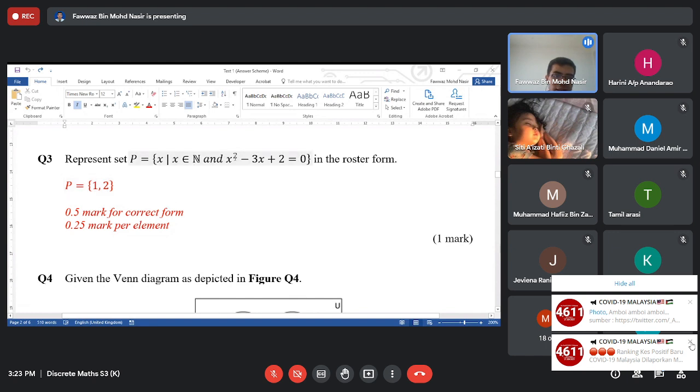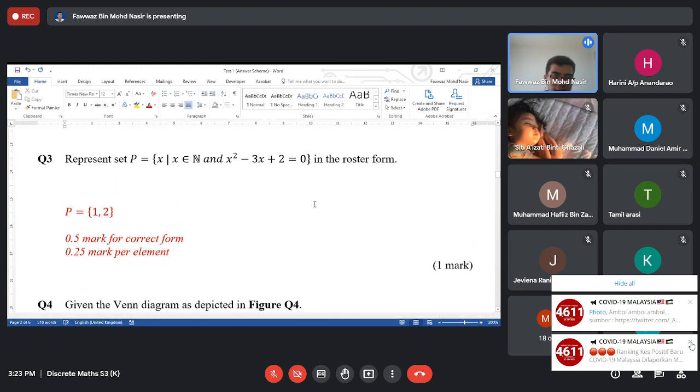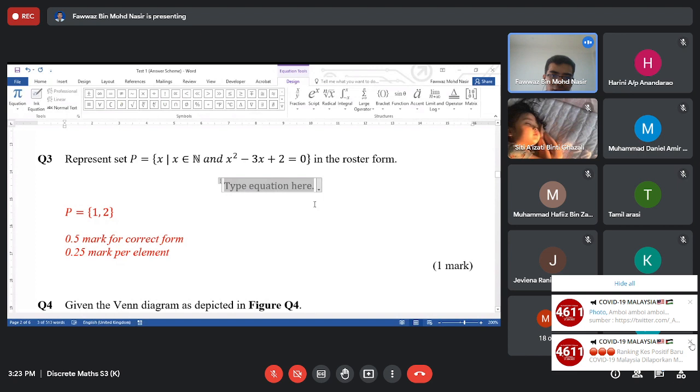Here it gives X cubed minus 3X plus 2. To find the elements of this set, you just factorize this equation. When we factorize X cubed minus 3X plus 2, we will get a factor of X minus 2.